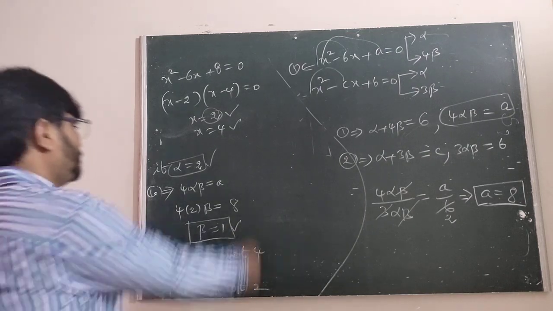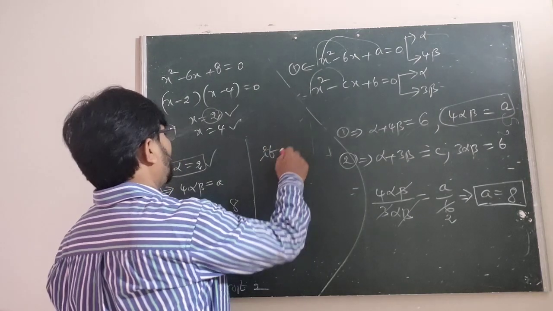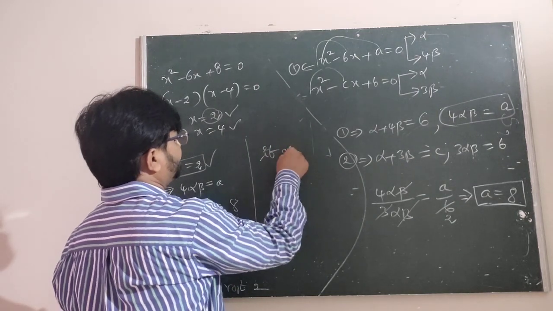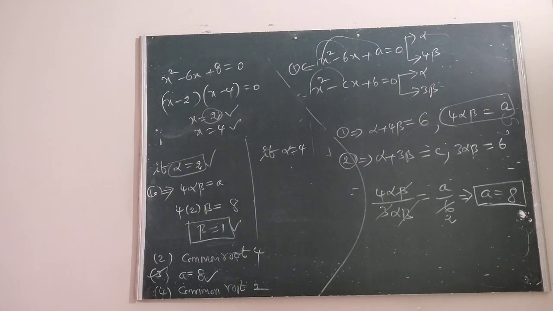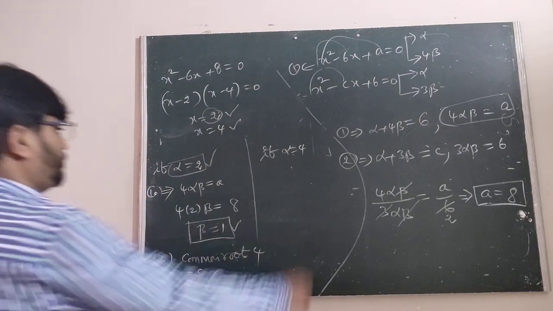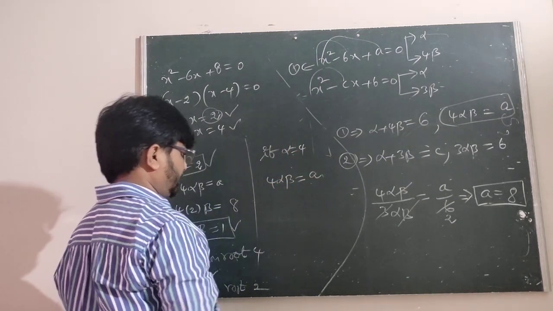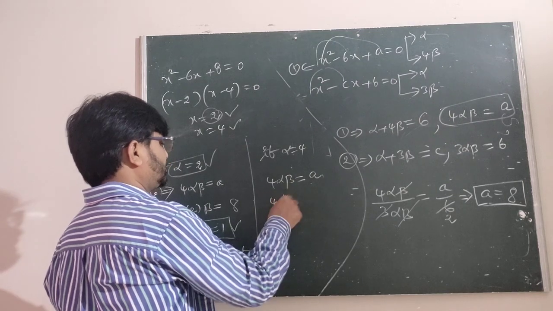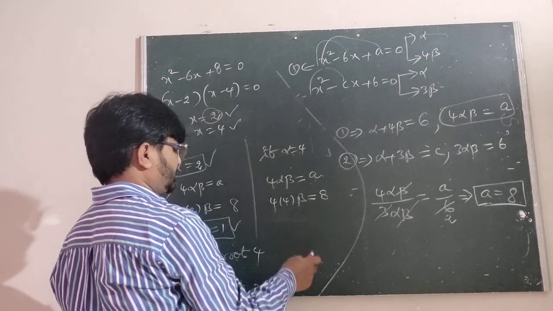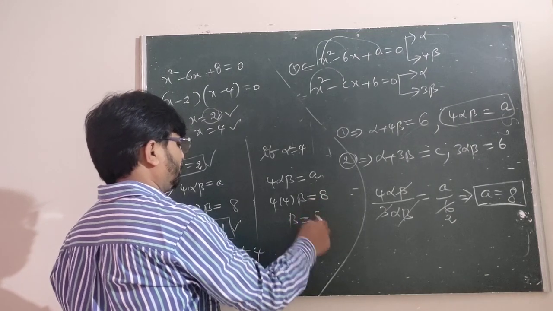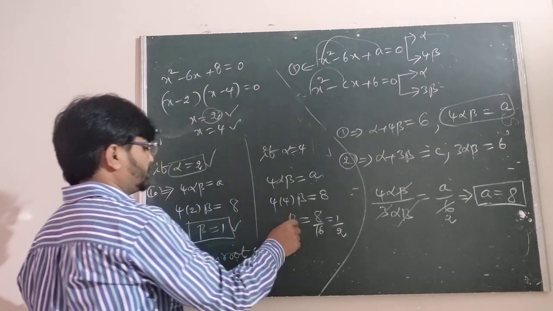Then another one: if we take alpha equal to 4, that is 4 alpha beta equals a, that is 4 into 4 into beta is 8, therefore beta equal to 8 by 16, this is 1 by 2, so it is not an integer.